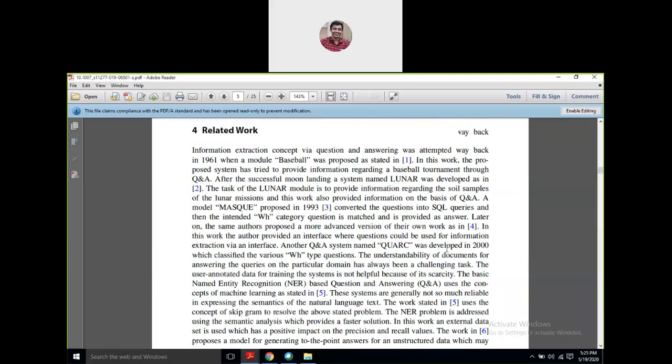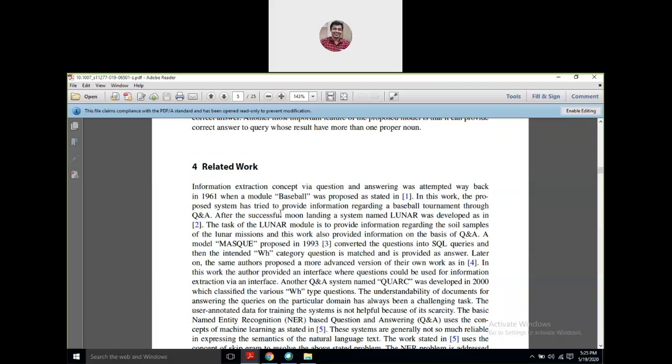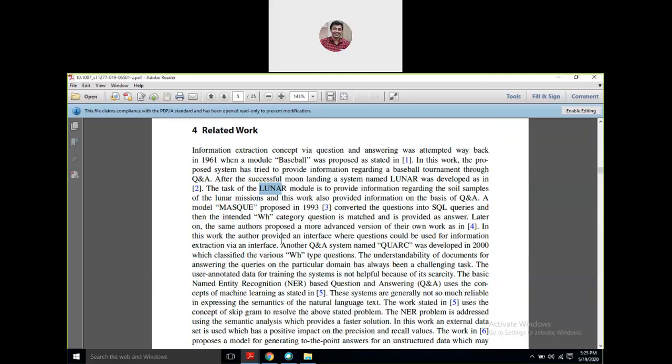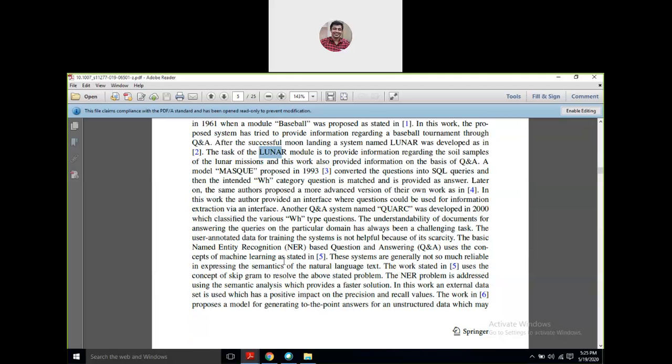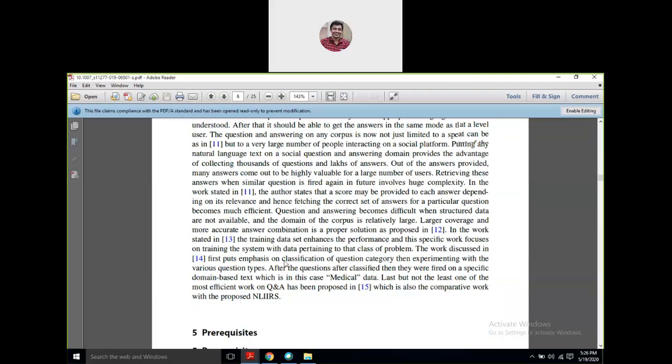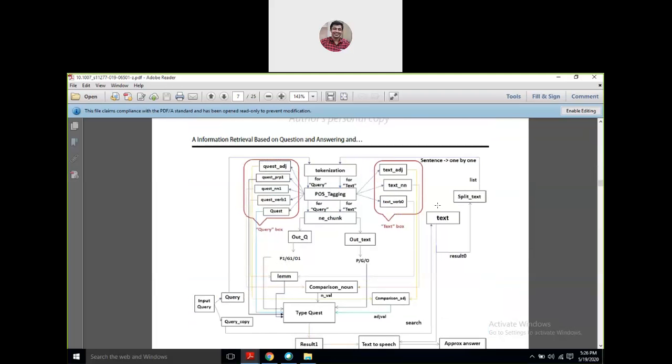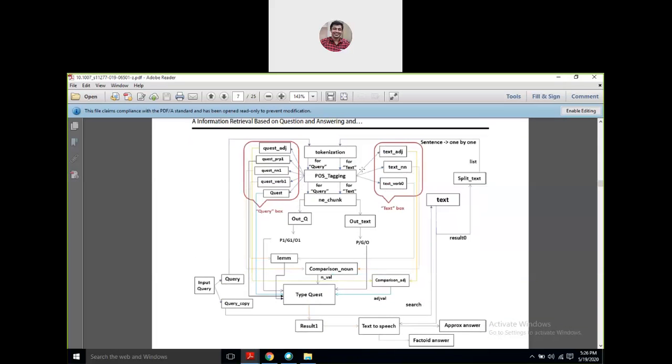The term that I was talking about a few minutes back, like lunar, I was talking about. And there are a few more. There are a lot more that are there. Right. So this is the system architecture that they have designed. We combinedly thought of working on some of the areas. This is the work that they have.